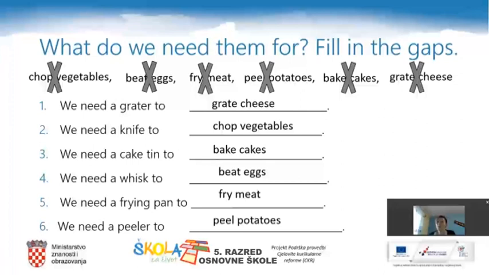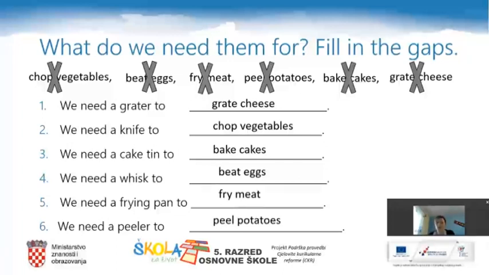Maybe you can add some more phrases to these sentences. You can add to sentence number 1, we need a grater to grate cheese, apples, cucumbers. Number 2, we need a knife to chop vegetables, to slice cheese, to cut bread or something.